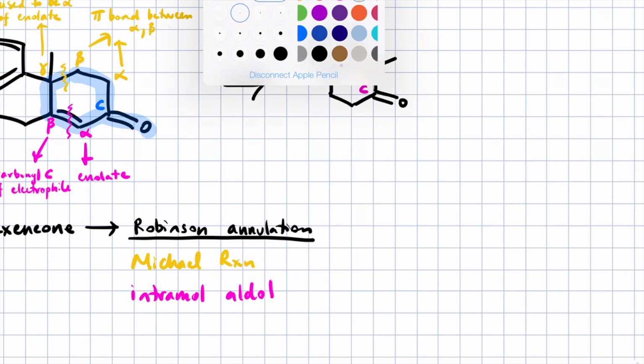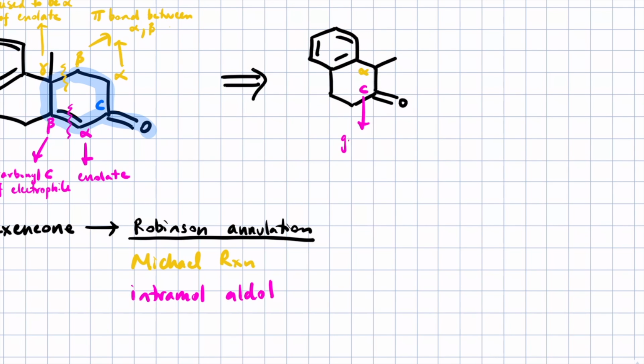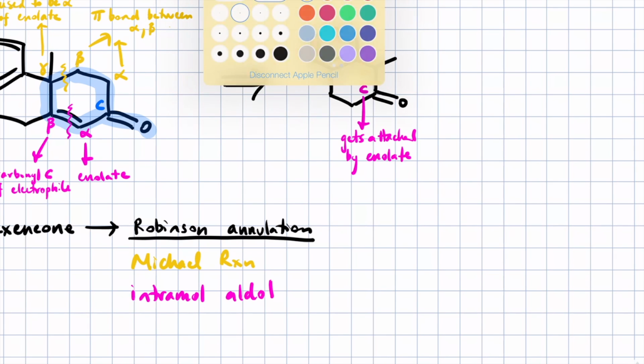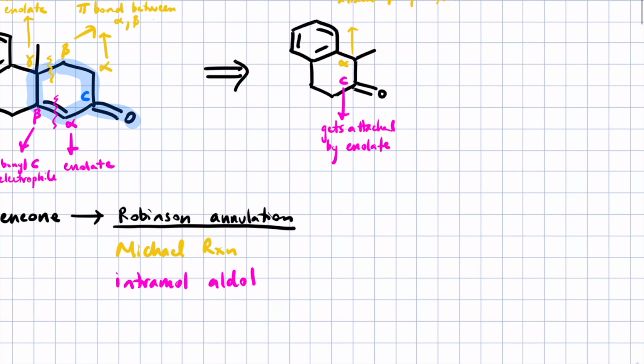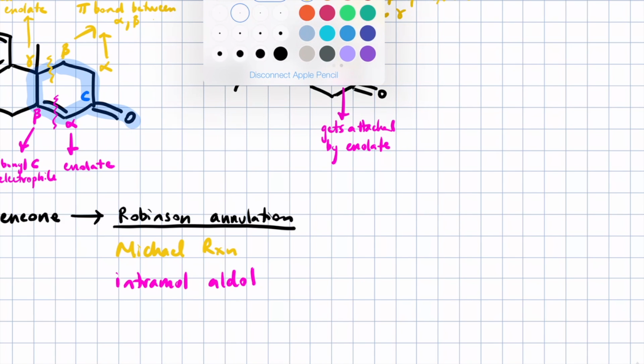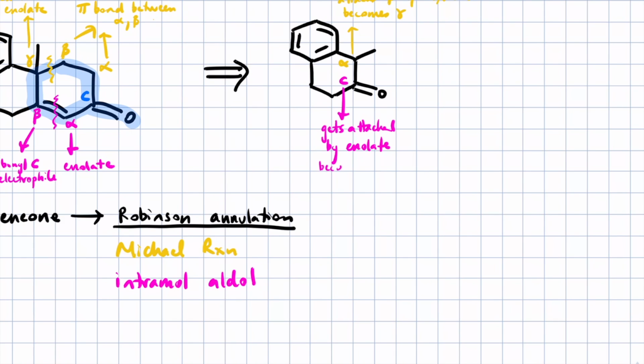We'll remind ourselves that carbon C gets attacked by the enolate, and we'll also remind ourselves that in the Michael reaction, alpha carbon attacks beta carbon of alpha beta unsaturated carbonyl compound and thereby becomes the gamma carbon, whereas the pink carbonyl carbon becomes a beta carbon.